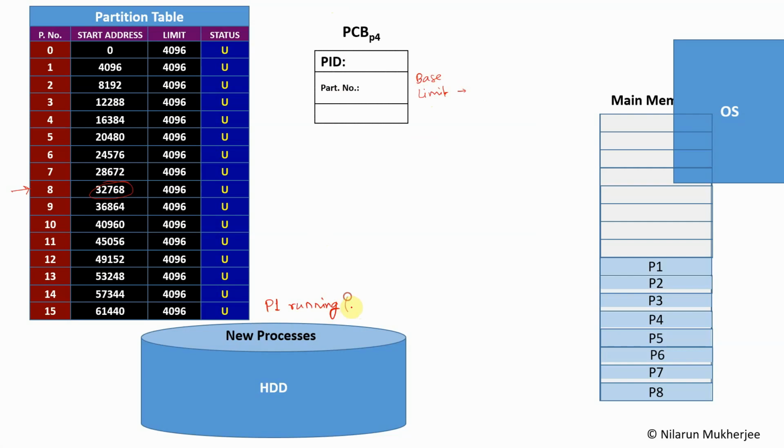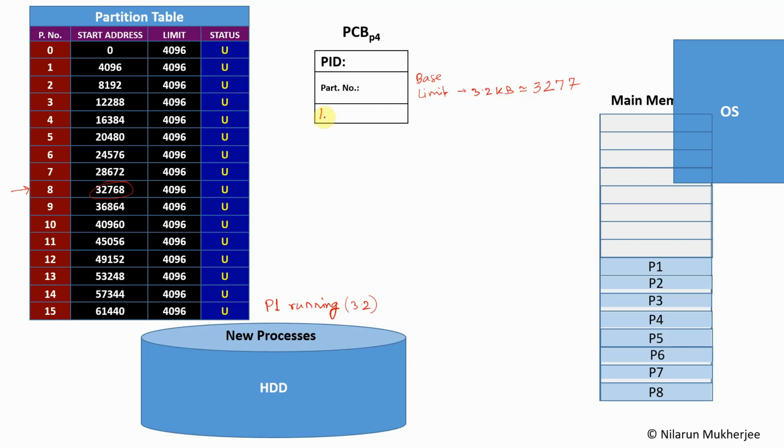Suppose I am considering this is 3.2 KB, so the limit will be 3.2 KB. That we can easily calculate, 1024 into 3.2, it will be around 3277.